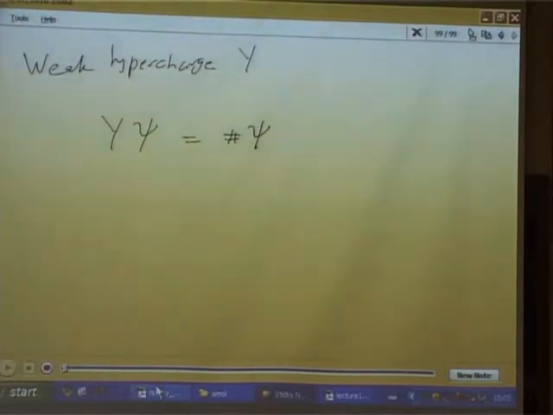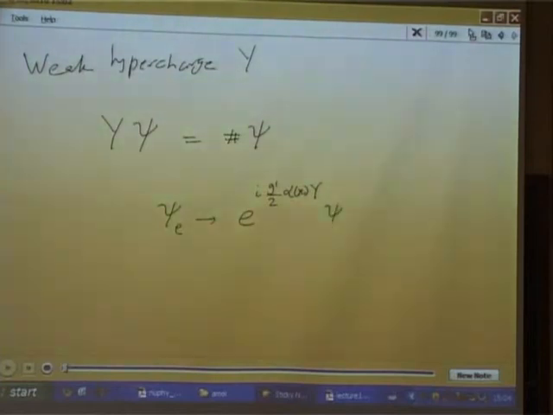Let's say I have an electron. Psi electron will go to e to the power i, g prime by 2 times alpha of x, times the hypercharge.